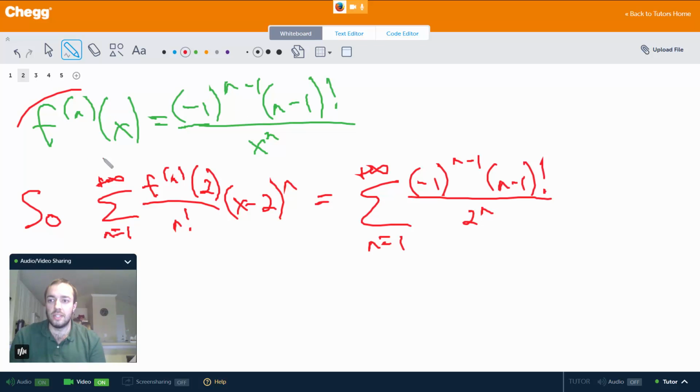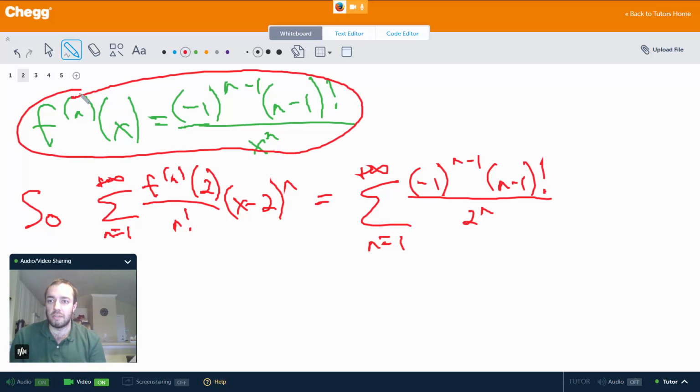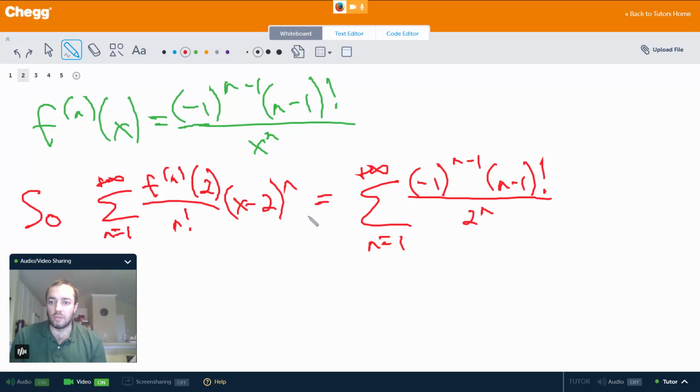Okay, because if this is the nth derivative evaluated at x, then if we plug in 2 for x, that's just going to be 2 and then 2. So that's why we have a 2 to the n right here. Okay? And we're still dividing everything by n factorial.